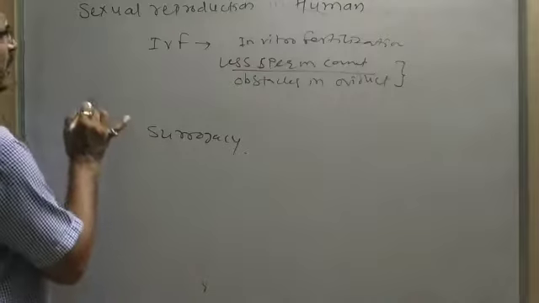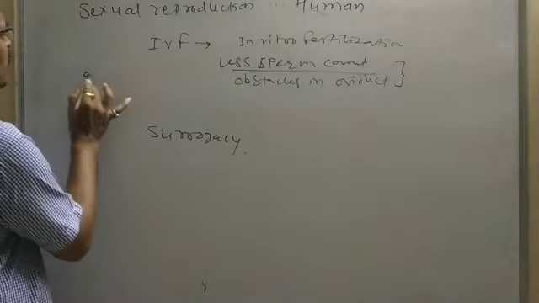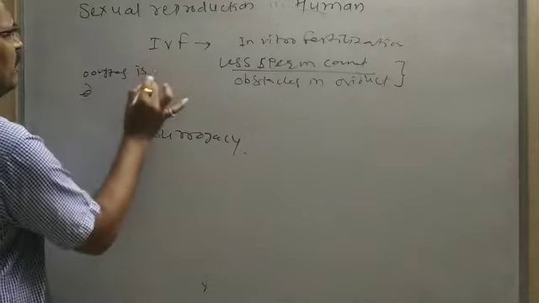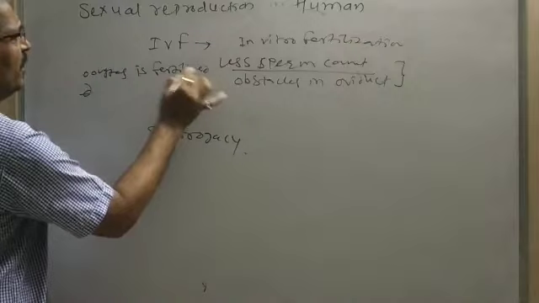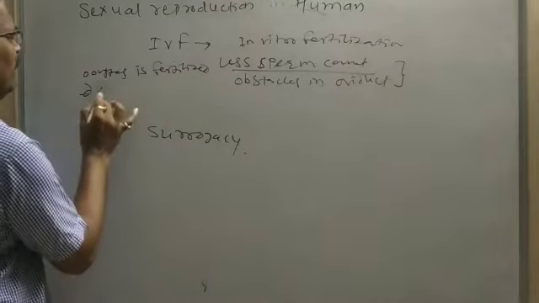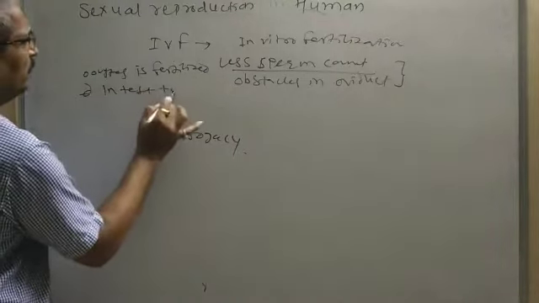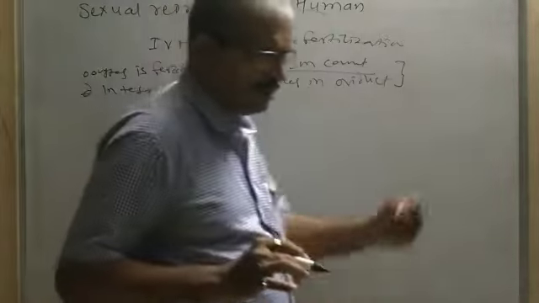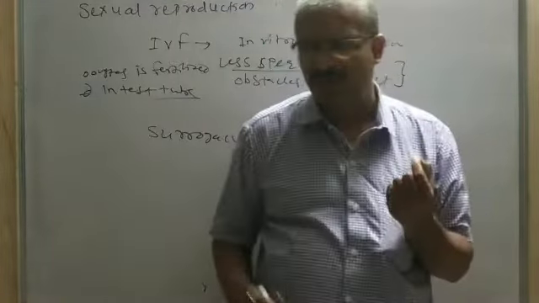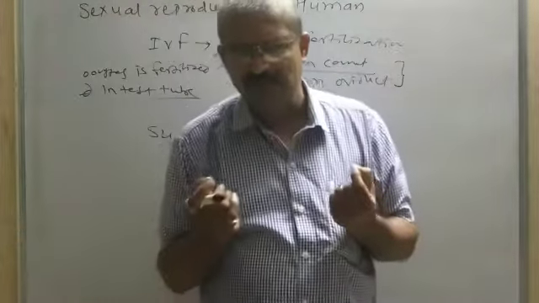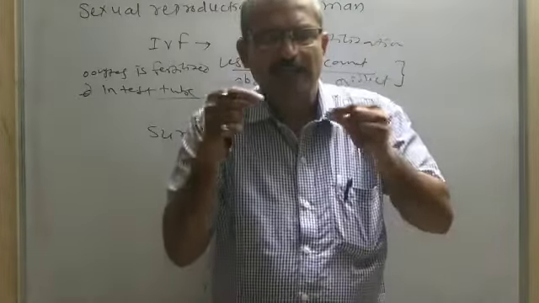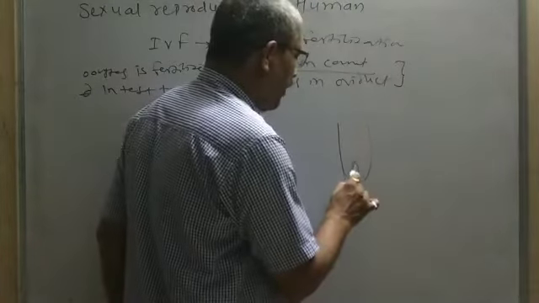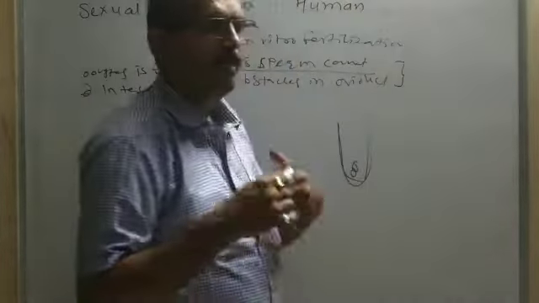So in the modern technique, what happens is that the oocyte is fertilized in a test tube. In modern technology, an egg cell is taken from the female and specific sperm cells are taken from her husband, and these sperm cells and egg cells are fertilized, united in a test tube.